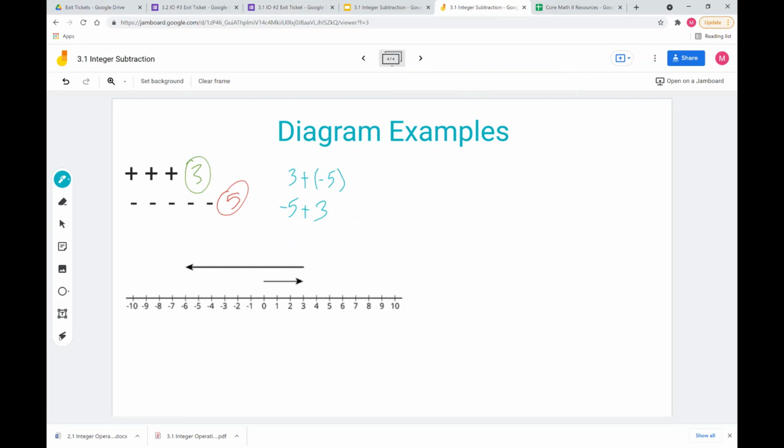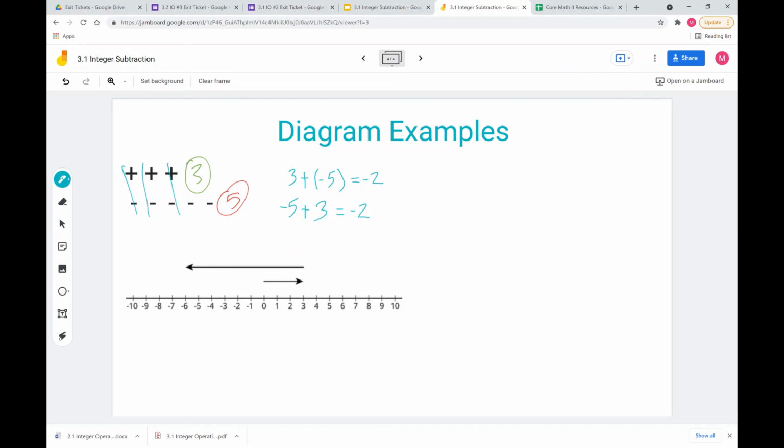They both equal the same answer, which will be negative 2. So we wrote 2 addition problems. How would we write them in subtraction form?